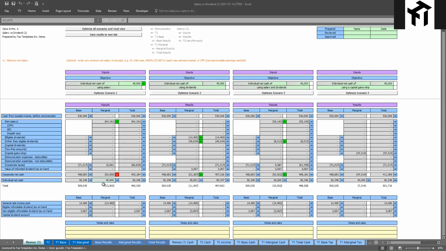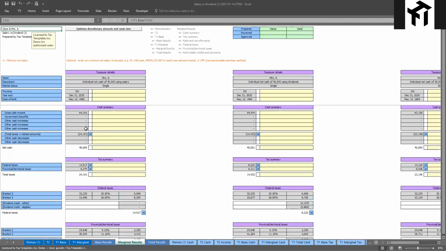So if we go ahead and just pay them out $40,000, and I'm going to show you this on the marginal results tab, well, they're going to owe personal taxes. So where are the funds going to come from to pay that April 30th tax balance? So let's assume on $40,000, we need to go ahead and pay $10,000 in taxes. Well, we'd have to pay out another $10,000, and then that leads to $2,000 in taxes, then $2,000.